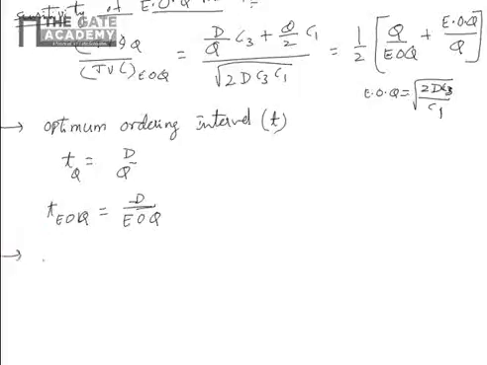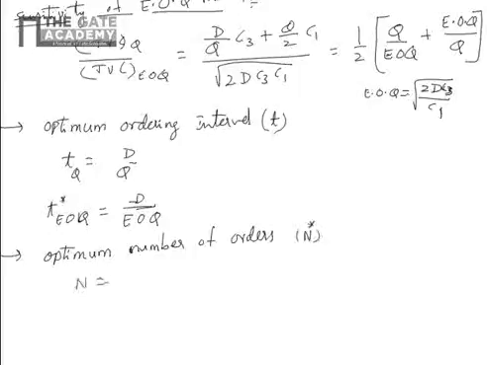So next, optimum number of orders, N. It is called N star. You can keep some difference.